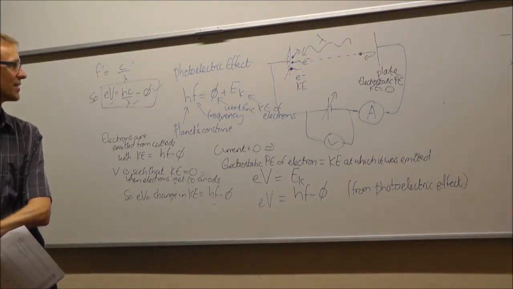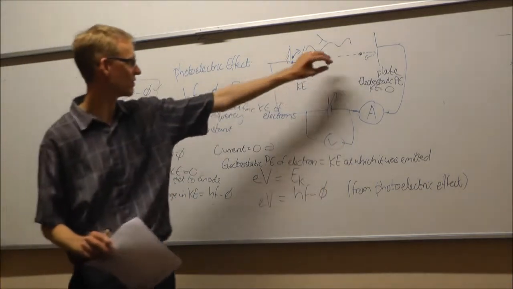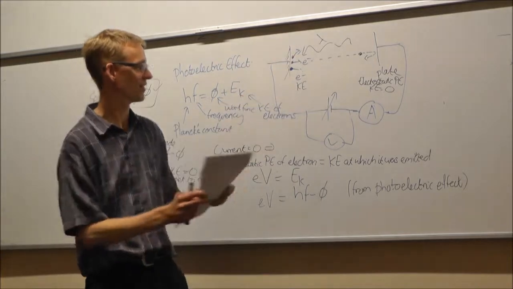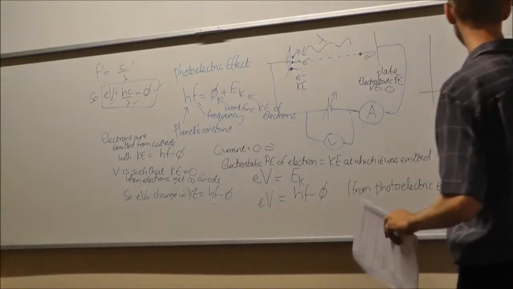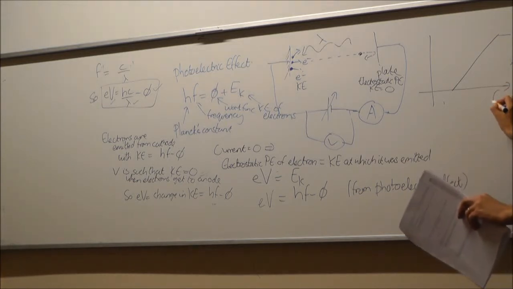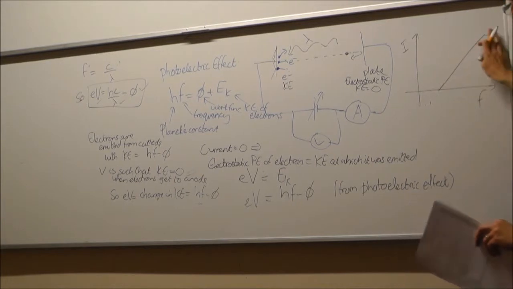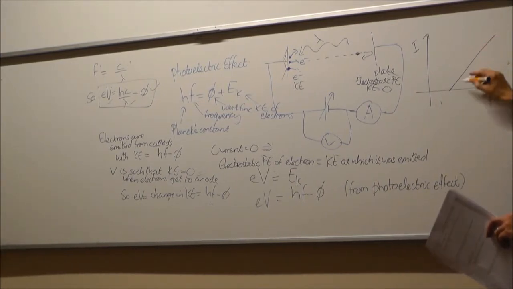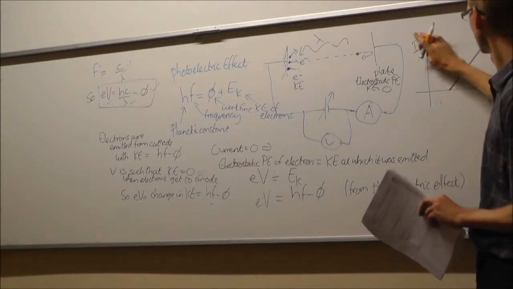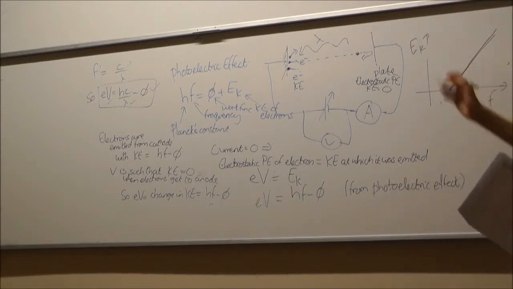So yes, it's not talking about changing the frequency. We're used to seeing this graph of the photoelectric effect, aren't we? Here's our frequency, here's the collecting current, or let's say the energy of electrons.